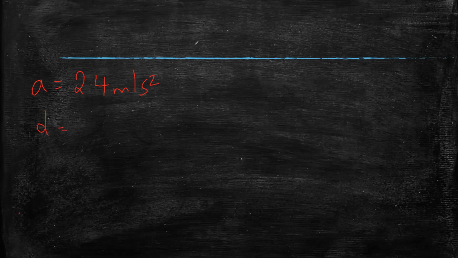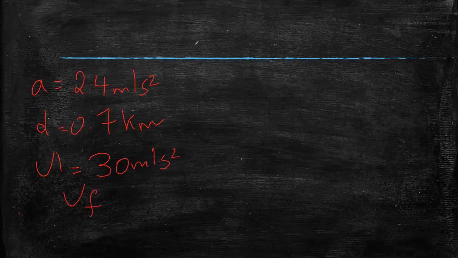Give me 1 second, I want to think about a question. If I told you, without a question, that the acceleration here is 2.4 meters per second squared, the distance is 0.7 kilometer, and V initial is 30 meters per second, find V final.